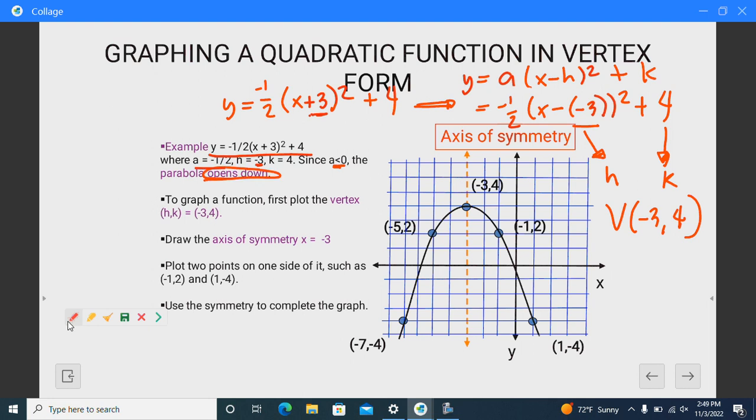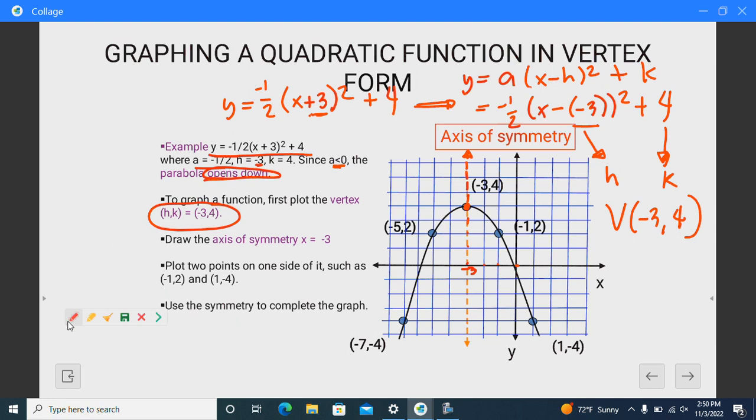So here's the vertex, (negative 3, 4), that is here. Negative 1, 2, negative 3, that is here. And 4: 1, 2, 3, 4. That's negative 3 and 4. And draw the axis of symmetry, which is just passing through our vertex.